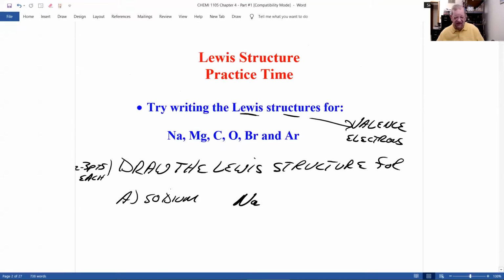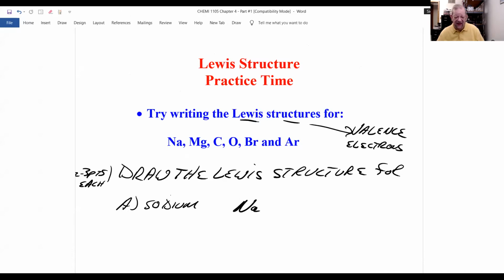You have the chemical symbol and you put one dot. This would be one example, this would be another, a third, and a fourth. Which one is right? They all are. Sodium has one valence electron, and you use a dot.